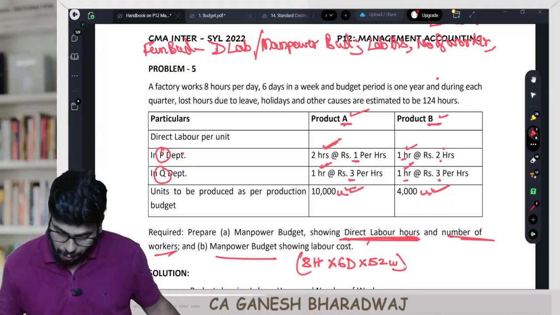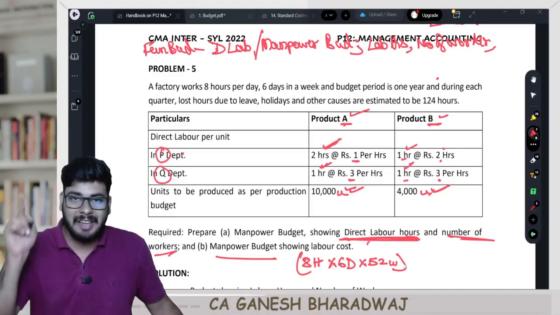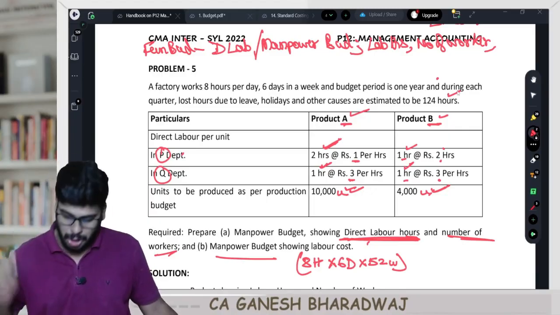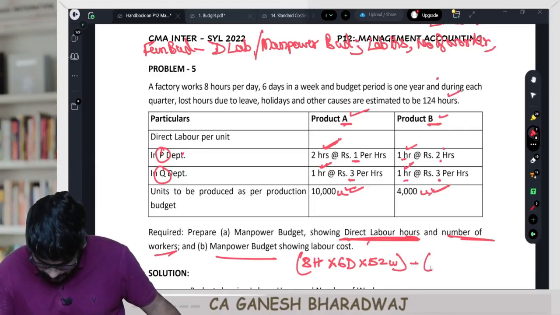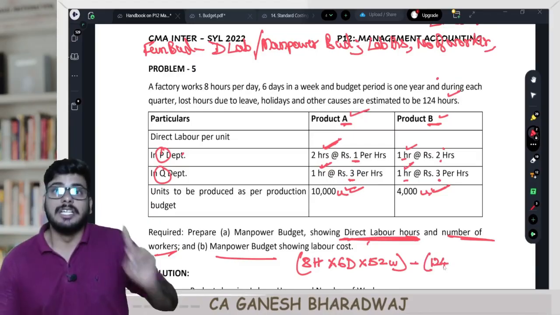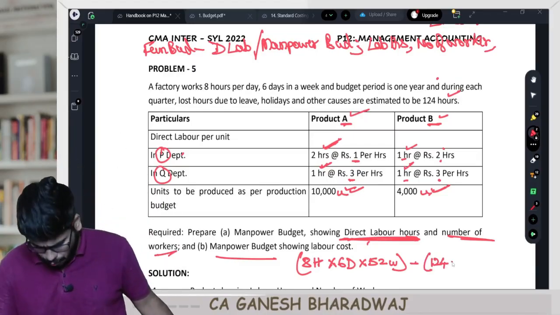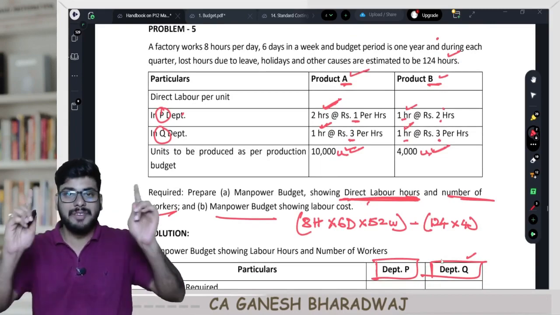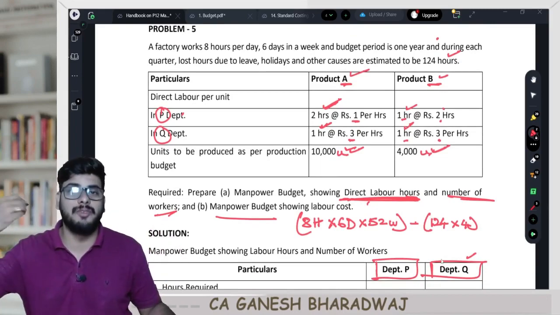But wait, they have also mentioned something. In every quarter, 124 hours he will not be working. So out of this, minus 124 is the number of hours lost per quarter. How many quarters are there in a year? There are 4 quarters in a year. Clear with this? So every worker works for how many hours in 1 year?